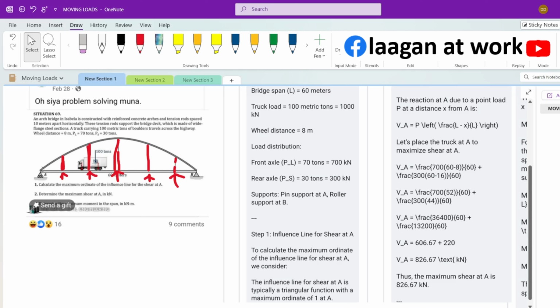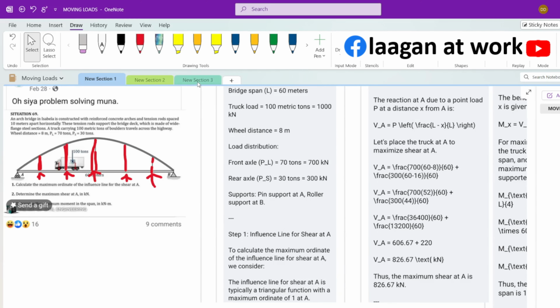If you calculate the actual shear at A for this loading condition, it will not be the maximum, because the smaller load or axle is at the front. But since you are designing a structure like this, you will always assume the worst case, which is the truck going in the direction of support A or support B.